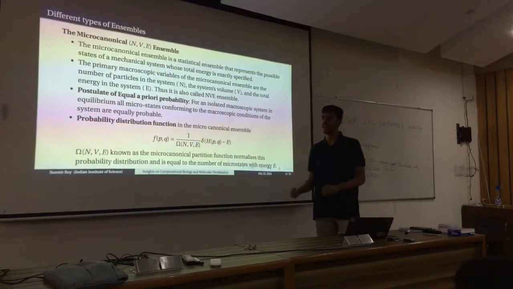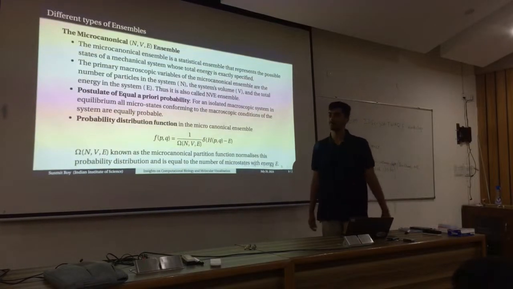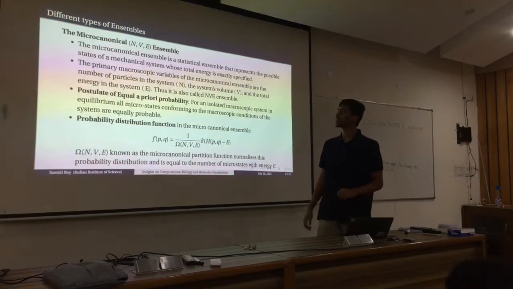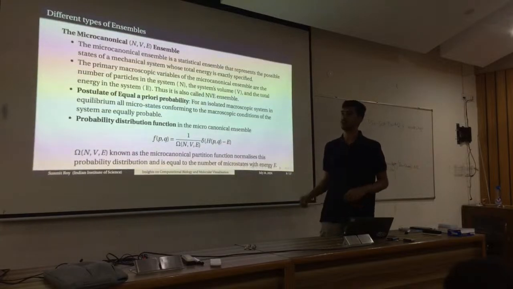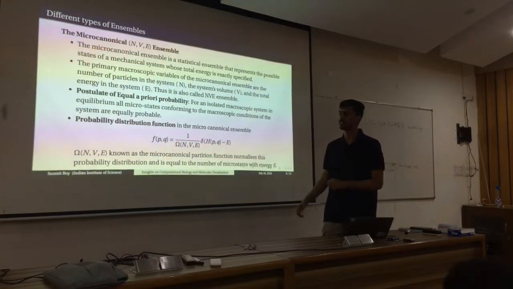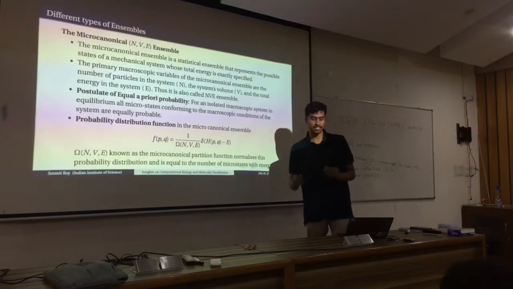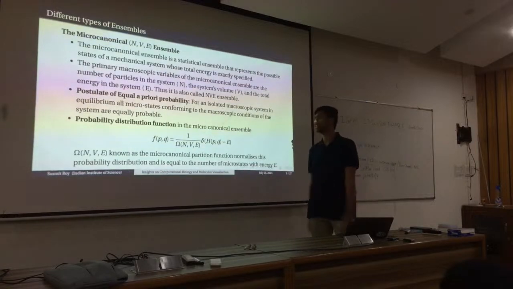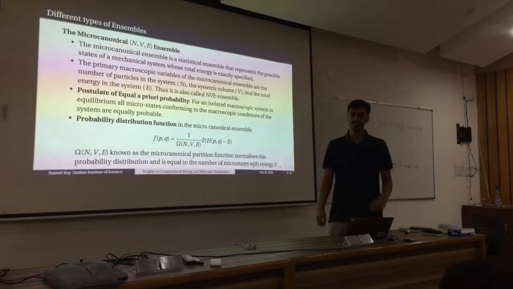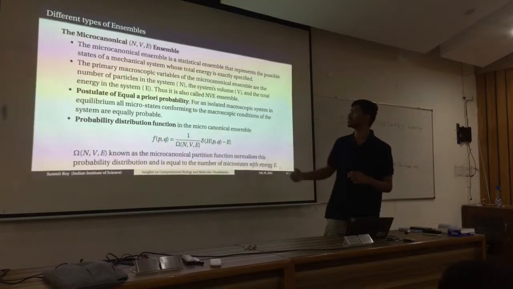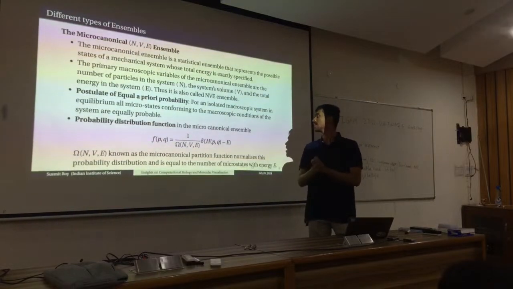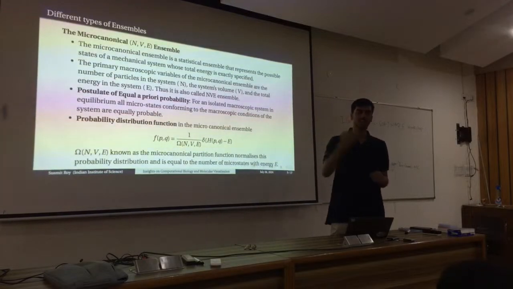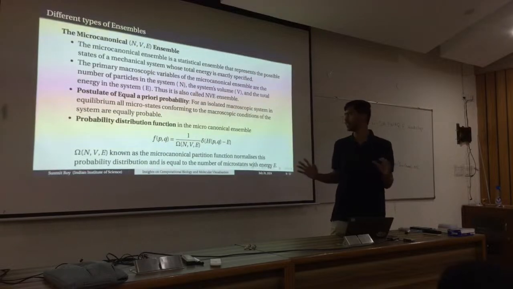So you can have different types of ensembles possible, and I'll list some of them here. One of them is the microcanonical ensemble, in which you have constant number, constant volume, and constant energy. And in this we have to assume a crucial fact, which is called the postulate of equal a priori probability, in which you say for these macroscopic constants N, V, and E, all the microstates corresponding to this macrostate are all equally probable.